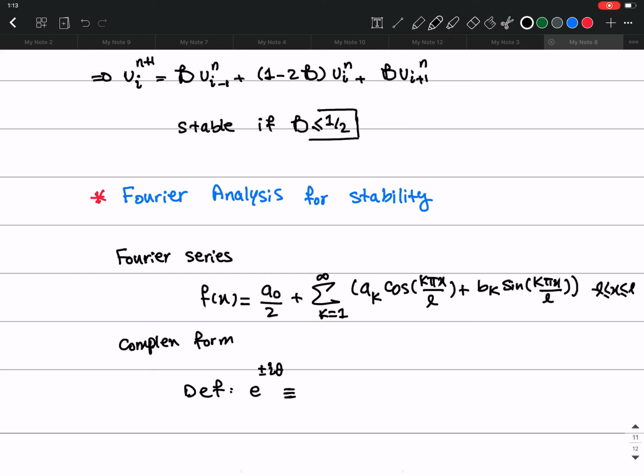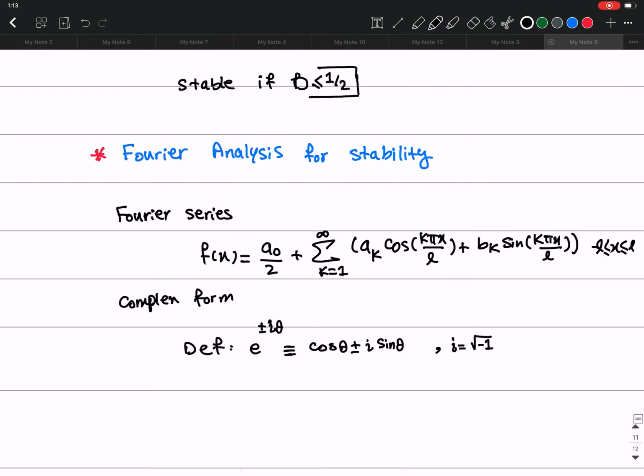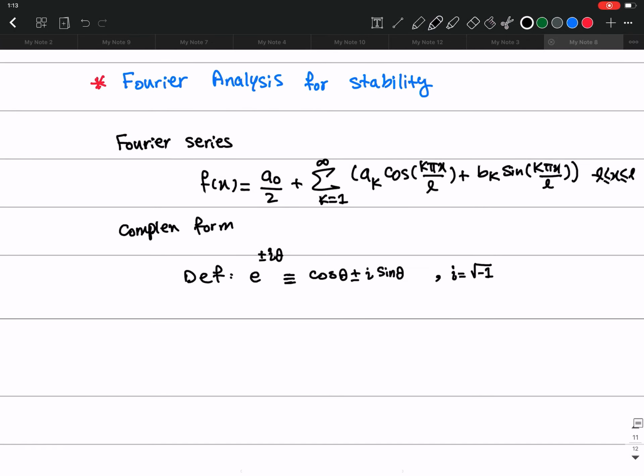This is a definition from complex algebra, where i is the imaginary number. i is the square root of minus 1, or i square is minus 1.